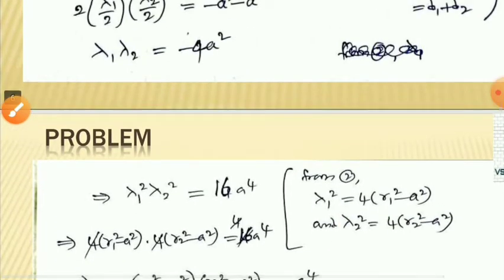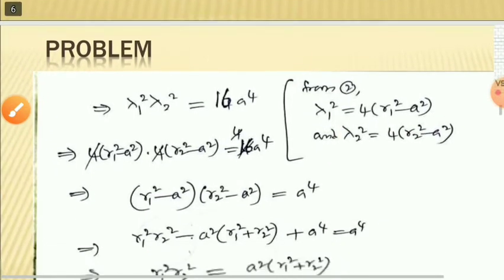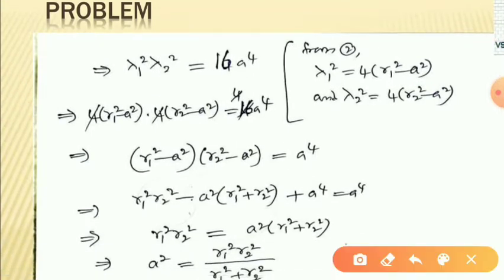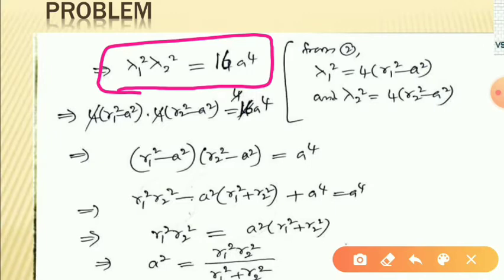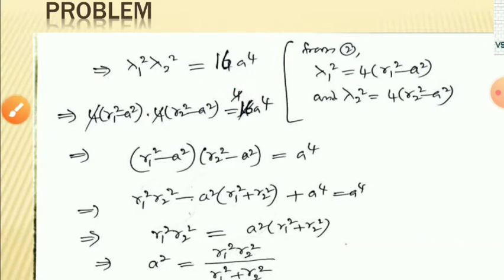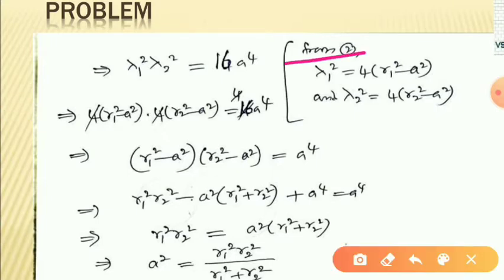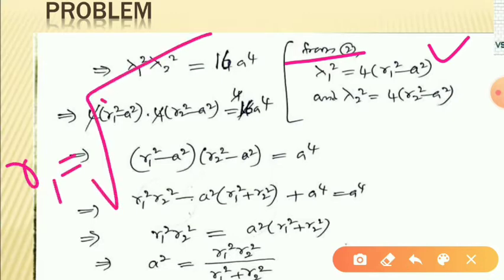On squaring both sides you will get λ1²λ2² = 16a⁴. Now from equation 2, r1 = √(λ1²/4 + a²).